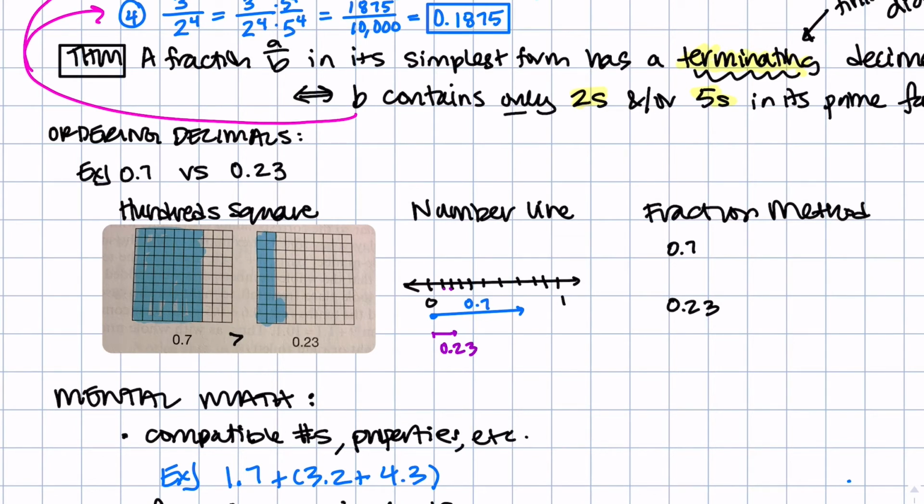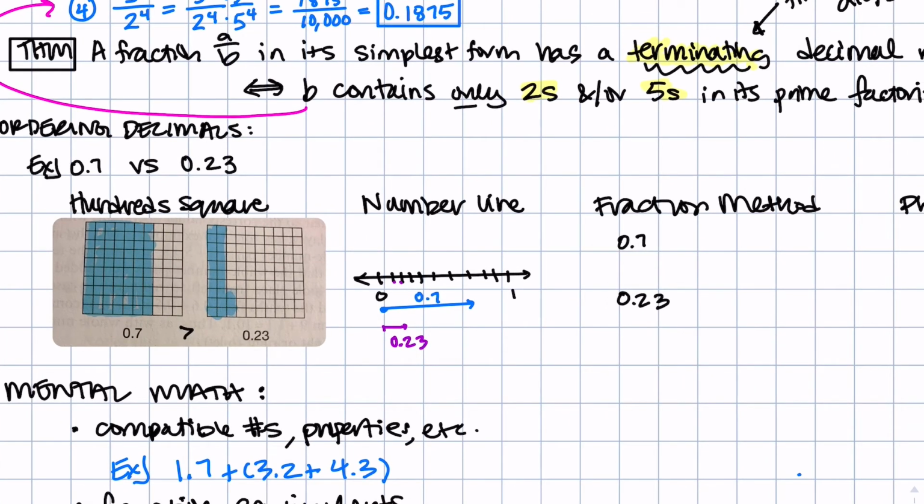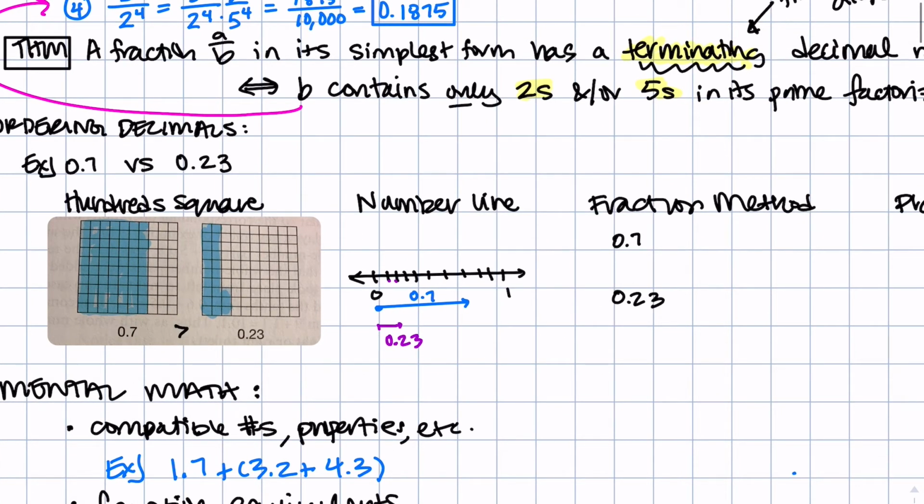And finally, the last way we can understand how to order decimals is by turning them into fractions, if possible. I can look at 0.7 and I know that is 7 tenths, and I can look at 0.23 and I know that is 23 over 100. In this form, it's not easy to compare them because they have different denominators.